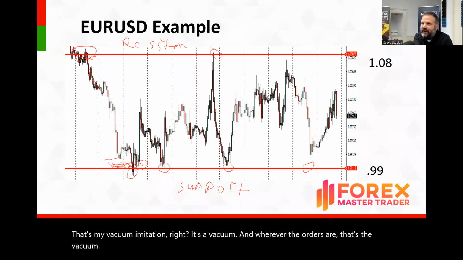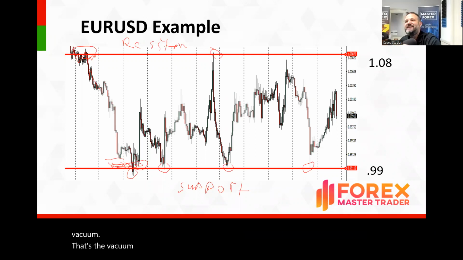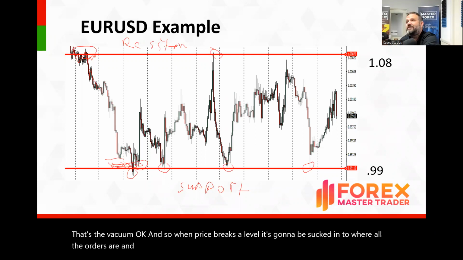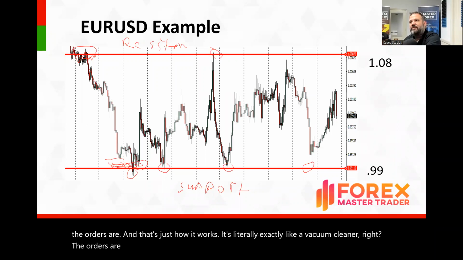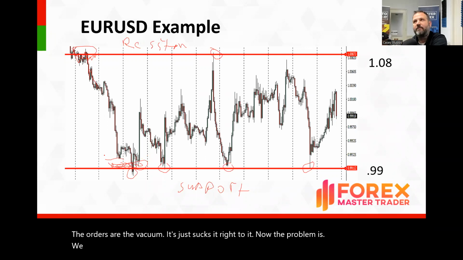Okay. And so when price breaks a level, it's going to be sucked in to where all the orders are. And that's just how it works. It's literally exactly like a vacuum cleaner, right? The orders are the vacuum. It just sucks it right to it. Now, the problem is we know, and this isn't the problem, this is the opportunity.